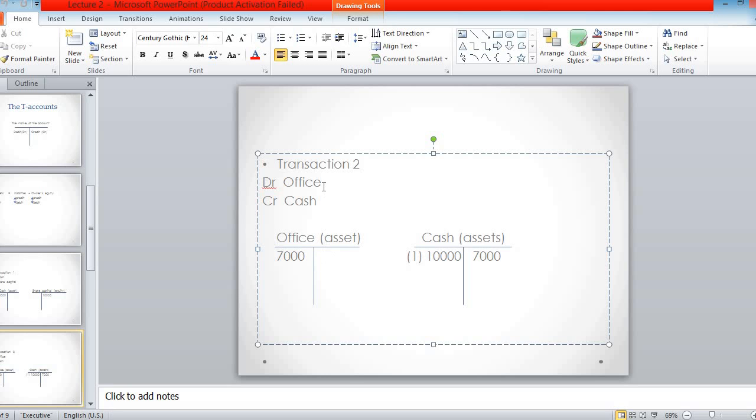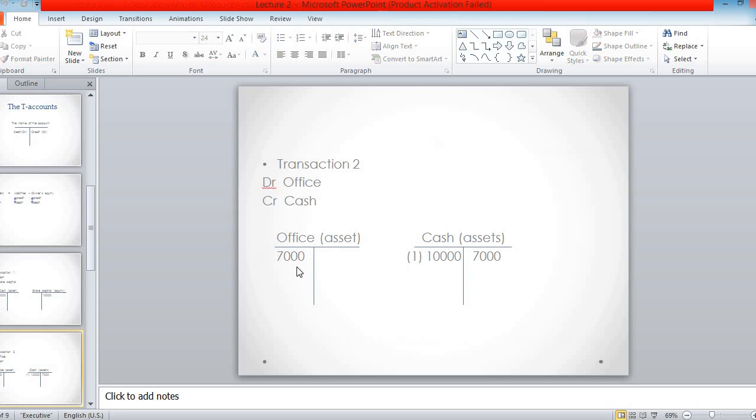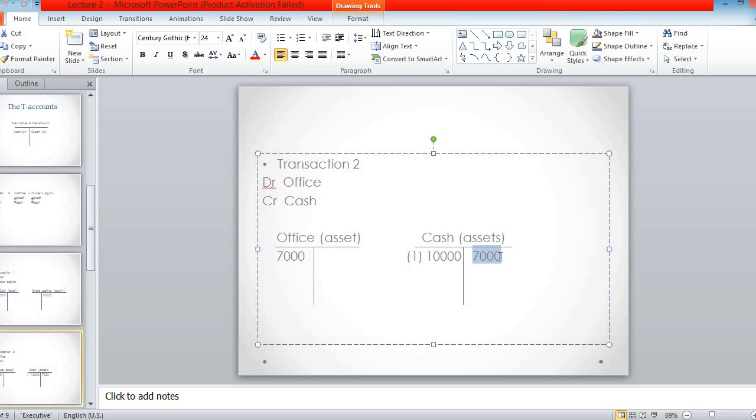So it is an asset, and an increase in asset is a debit entry. On the left hand side we'll have 7,000, and our cash decreases, right? We purchase an office, so we pay for that, and our cash decreases by $7,000. So we'll credit our cash.